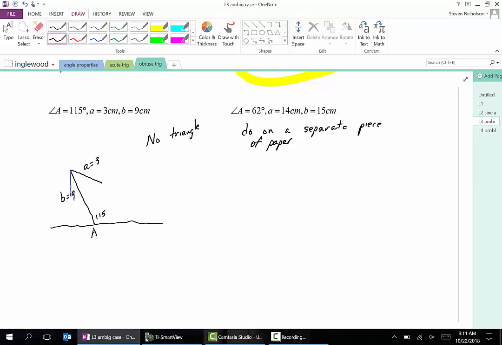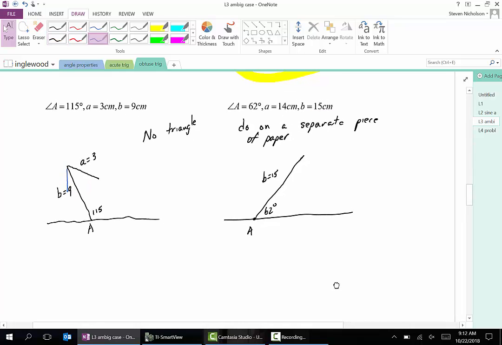So when you've done that, here's our angle A, 62 degrees, which is kind of like that. Here's our little b, 15 centimeters. Again, 62 degrees. Now, when you physically do this, here's what you're going to get.